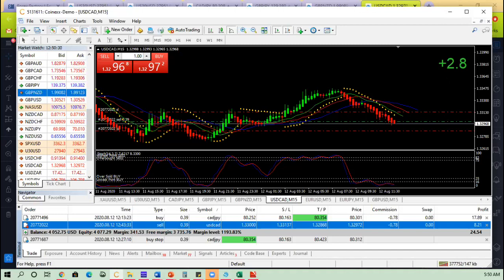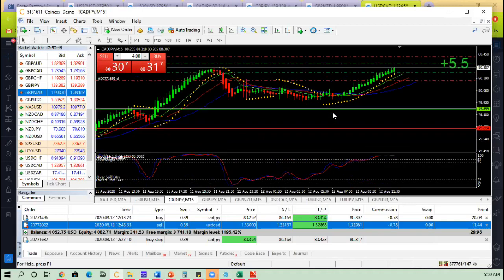So for USD CAD right now, we are at 3 pips. Okay, jump to 4 pips. All right, it is rolling. Our other trade is CAD JPY. Here it is. All right, so CAD JPY is at 5.5 pips right now.